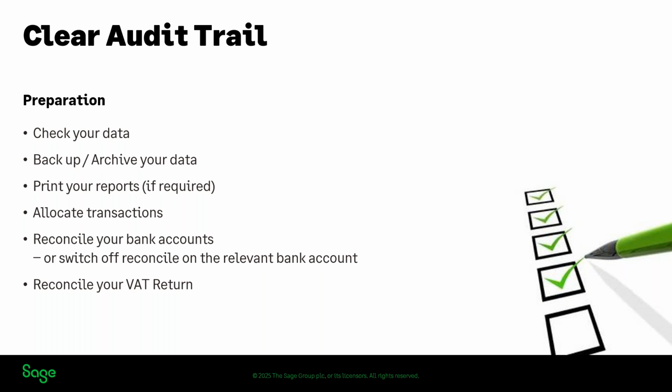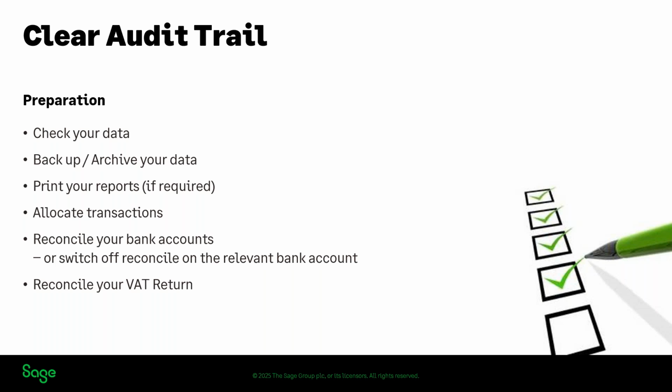Now, mention there as well, print your reports. What information do you want to retain about potentially information that's going to be removed from your live company? Allocate your transactions together. So do you have an invoice and maybe a credit note on the same account? You've probably got loads of them. Might be an invoice and it might be a payment on account where someone's paid you in advance if you're raising the invoice.